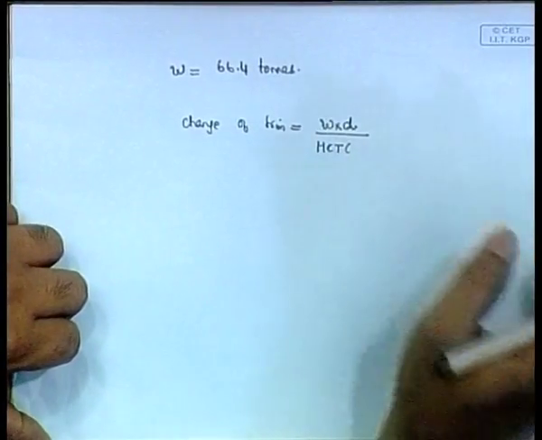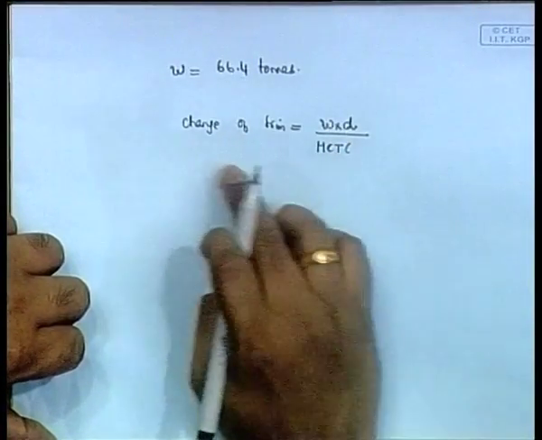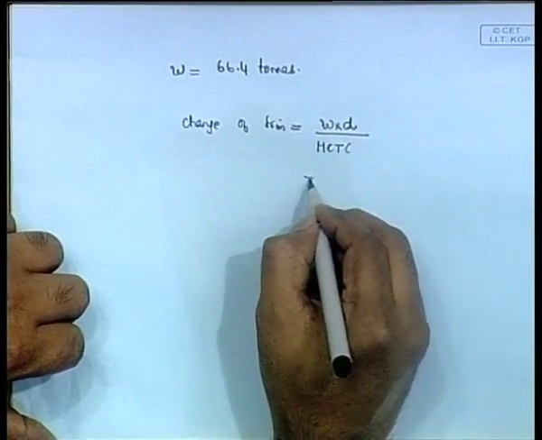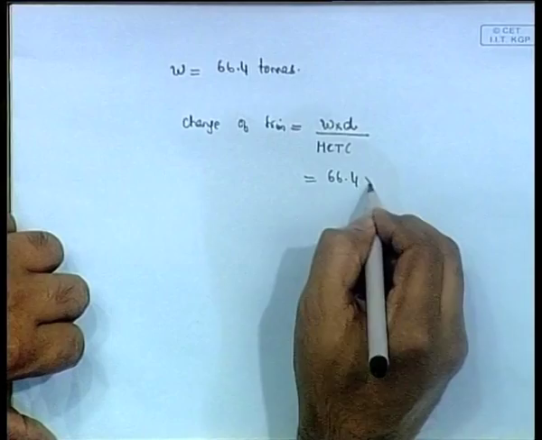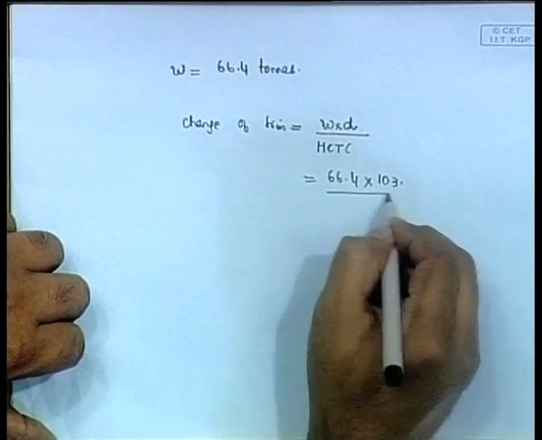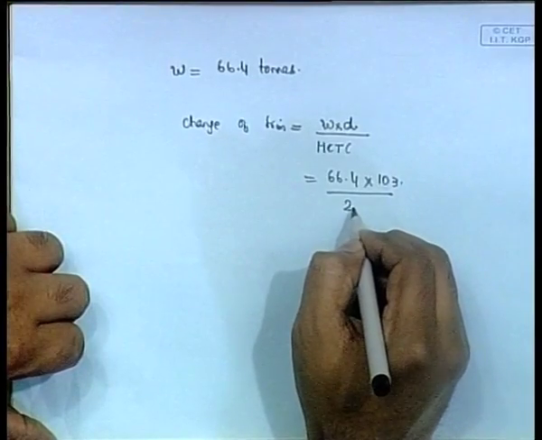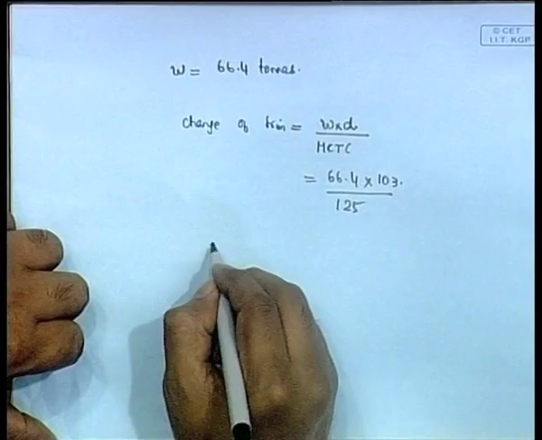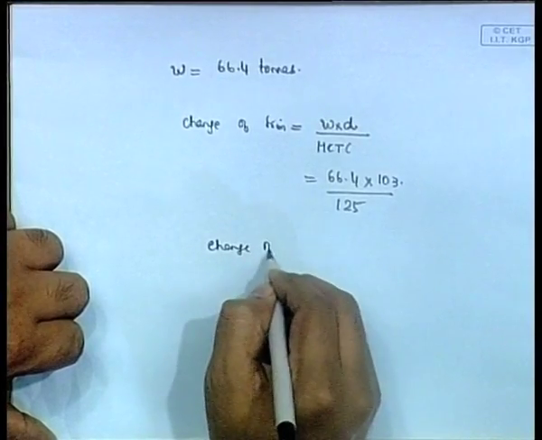There is no difference to this step, it is always done like this. So, W we have just calculated, 66.4 tons, into D, the distance from the center of flotation, divided by MCTC 125. So, you get that, and then you need to find the change of trim in the aft side.